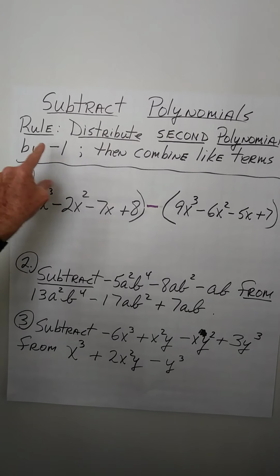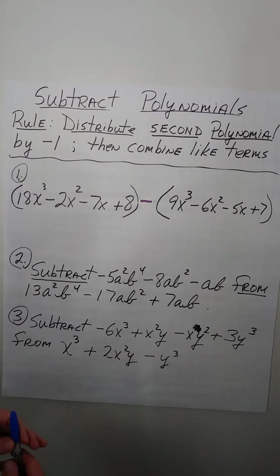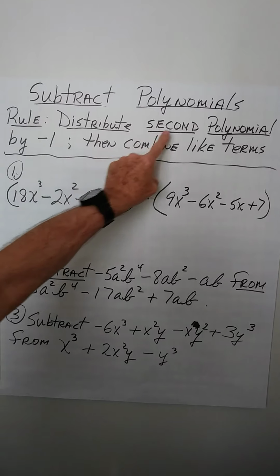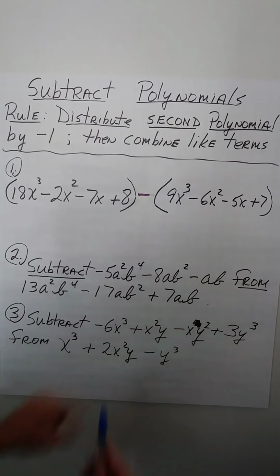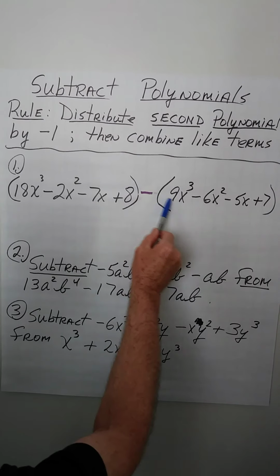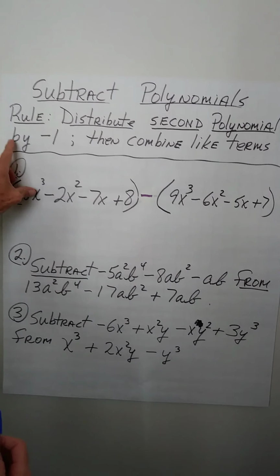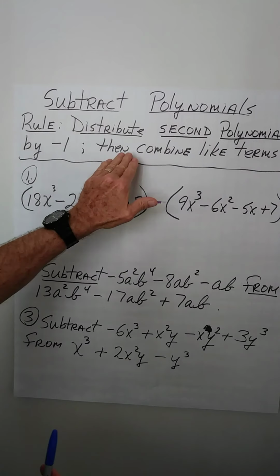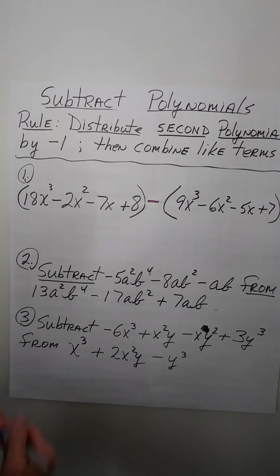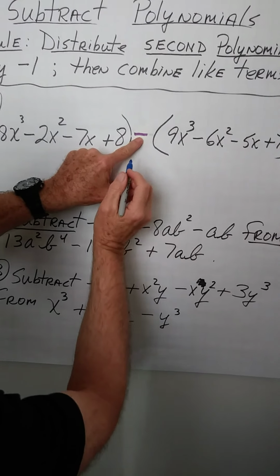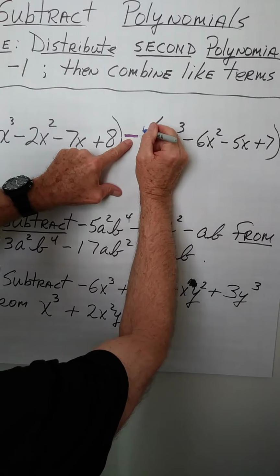Rule: to subtract polynomials, we're going to distribute the second polynomial by a negative 1. And then we're going to combine like terms. We're going to insert right after this subtraction sign a 1.